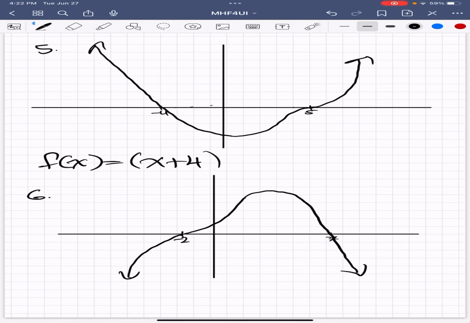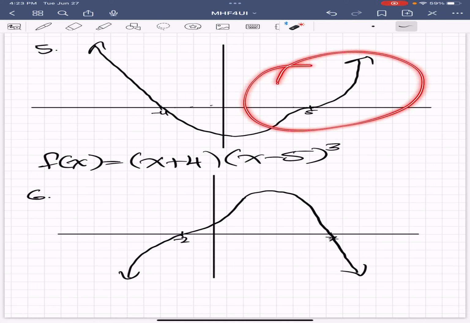It passes through -4, the zero of -4. So when we're switching the operational sign when inputting it into the function, it's x plus 4. And it's x minus 5, since it's +5, and we switch the operational sign. And it's order of 3, or to the power of 3, because it forms a cubic shape here.